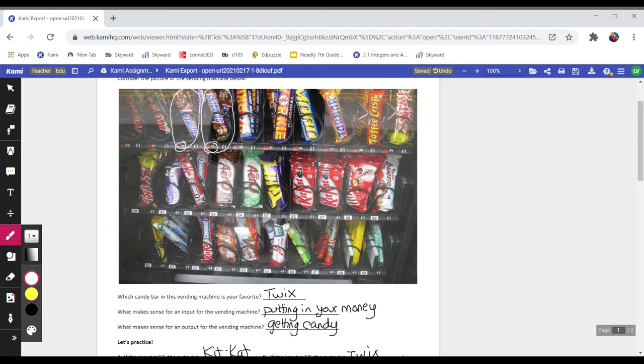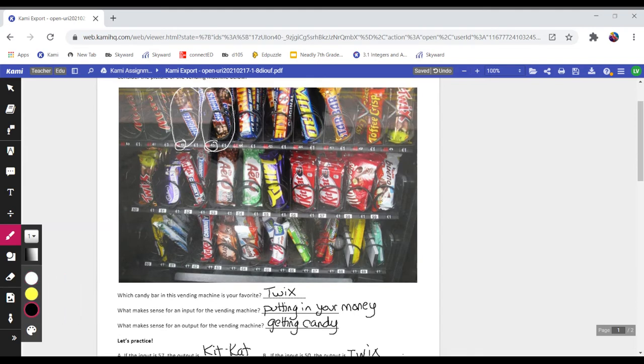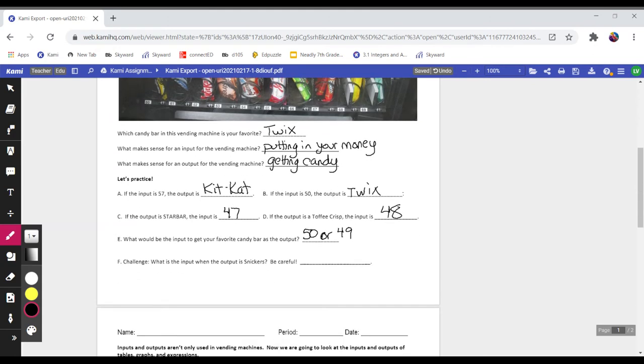Let's see, are there any other Snickers bars in here? I don't see any other Snickers bars. So if you were to input number 42 or 43, you would result with an output of a Snickers.